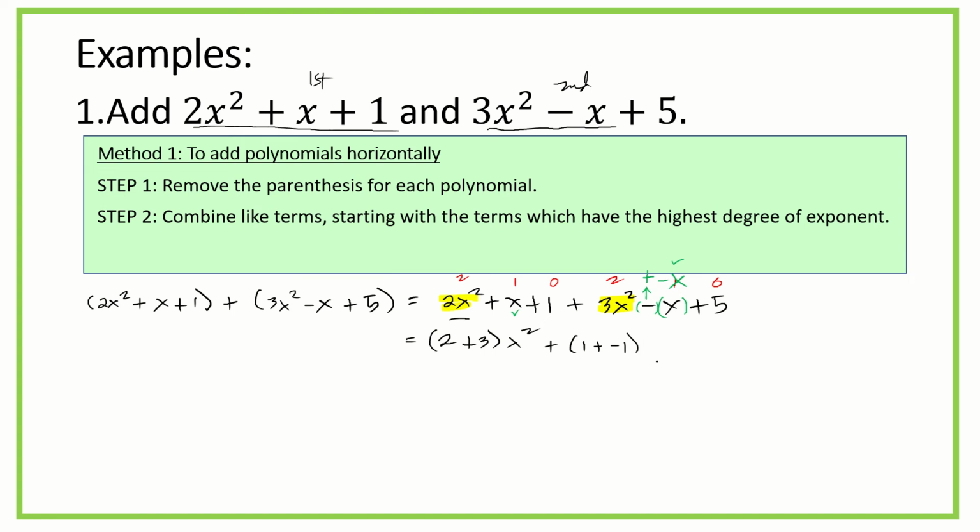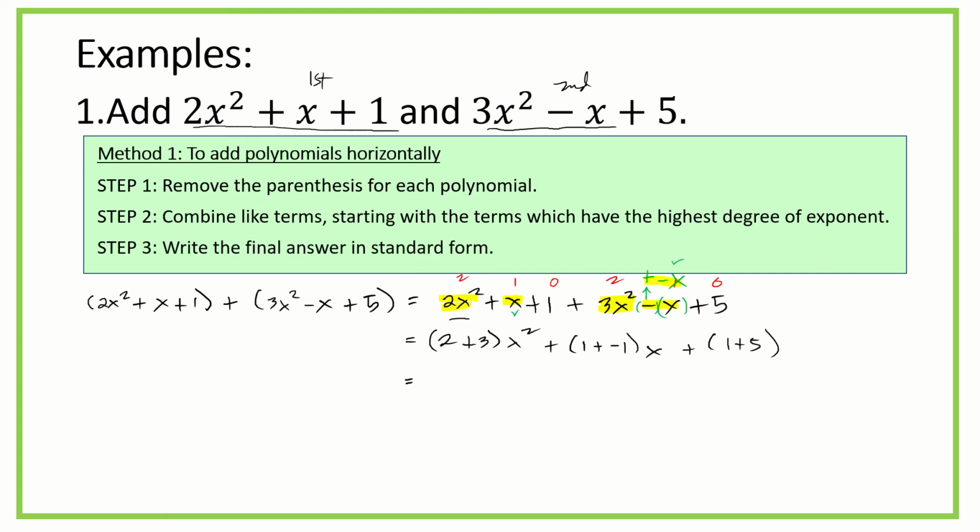Then the common literal coefficient is x. So we're done with this. Finally, we have our constant terms, which are 1 and 5. So we can just combine them by putting them inside the parentheses.